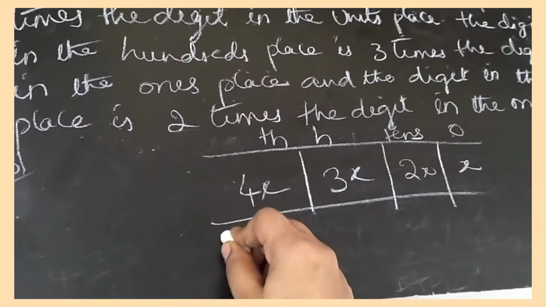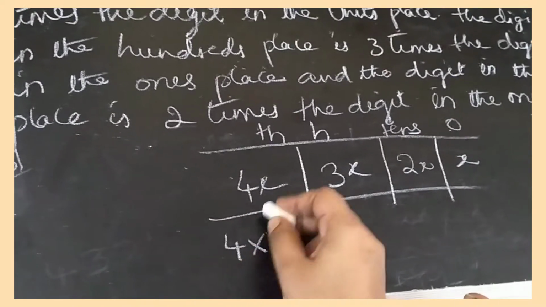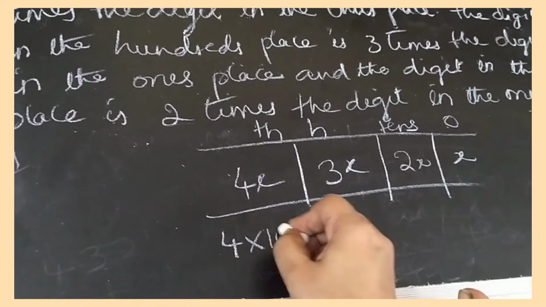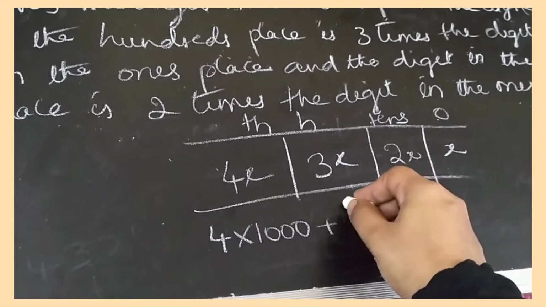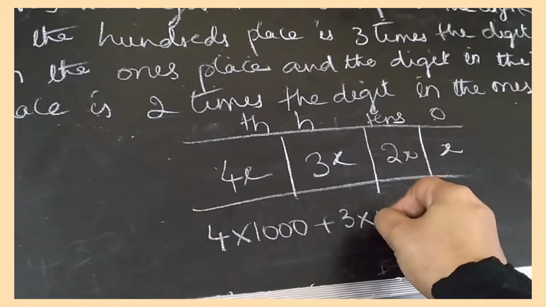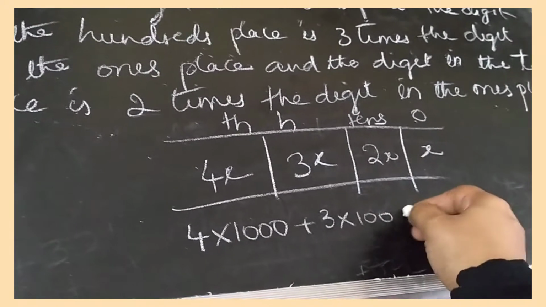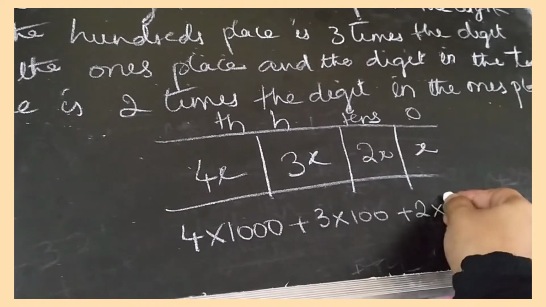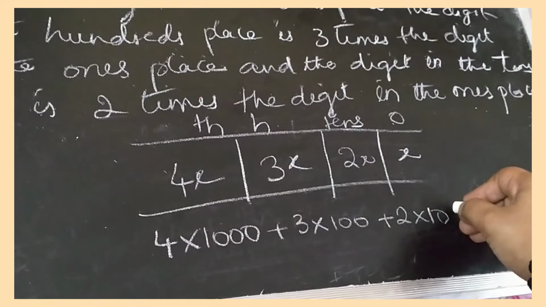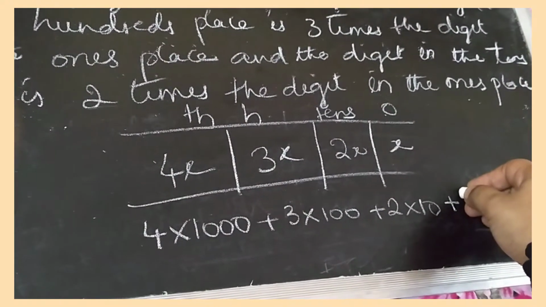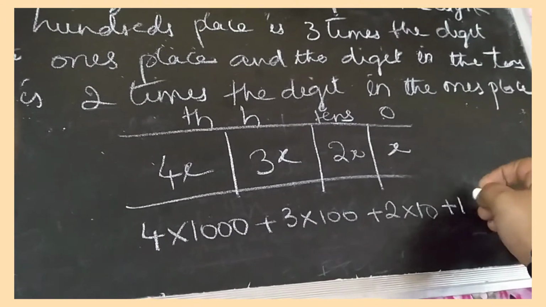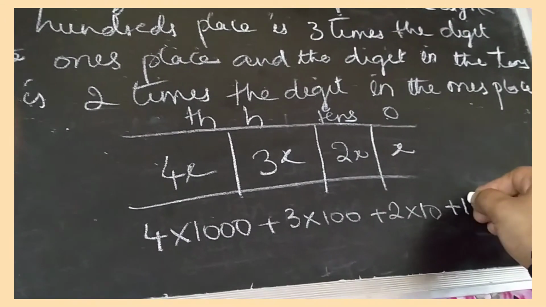So what do we have to do for expansion? 4 into 1000, plus 3 into 100, plus 2 into 10, plus 1.